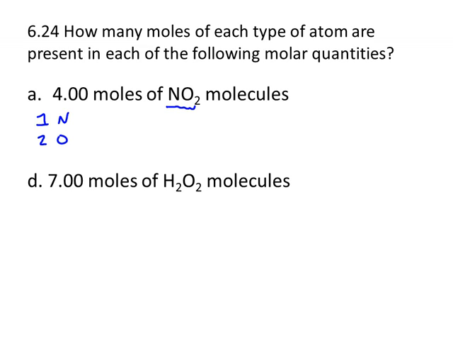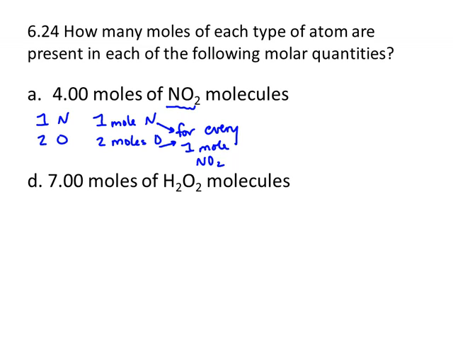And so that means I could say I have 1 atom of N and 2 atoms of O. Or I could also recognize that I have 1 mole of N and 2 moles of O for every 1 mole of NO2. So each of these relationships is a conversion.